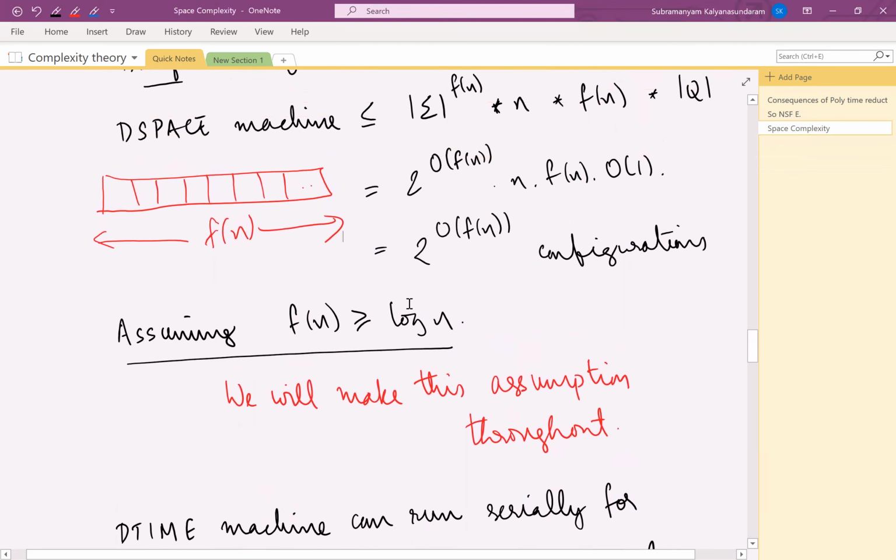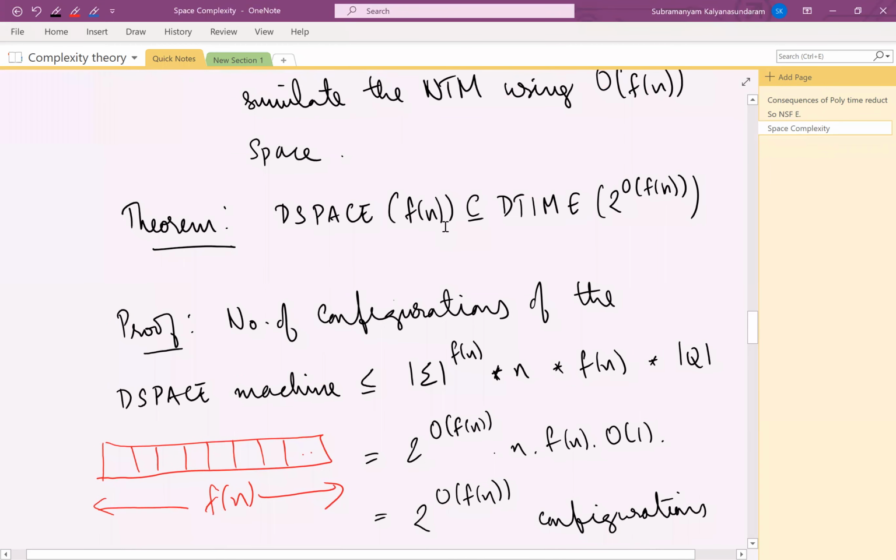So the goal is that D-space f(n) can be contained in D-time order f(n). Basically the D-time machine will start from the starting configuration of the D-space machine and simulate it. Once it simulates, it knows the next state and goes to the next state, and then the next.